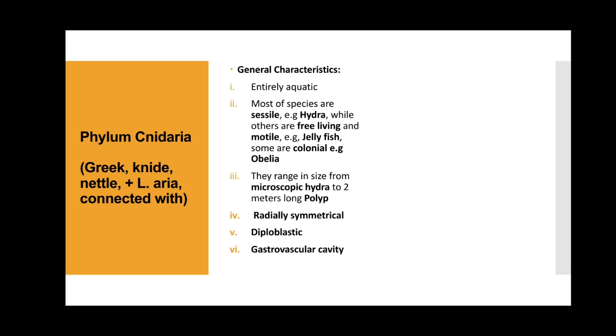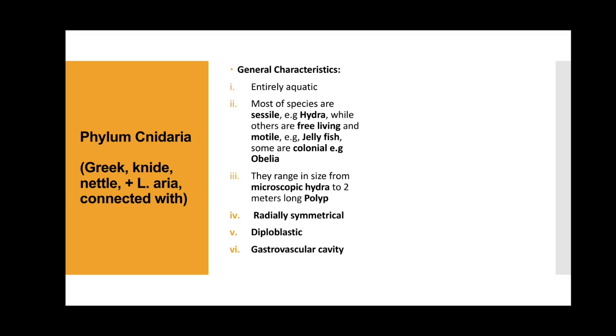Most of the species are sessile, for example, hydra. It means they cannot move and they are found attached to the rocks or the substratum, while others are free living and motile, for example, the jellyfish.